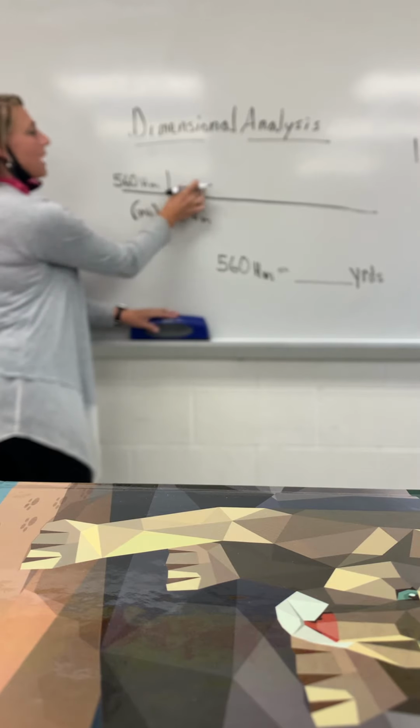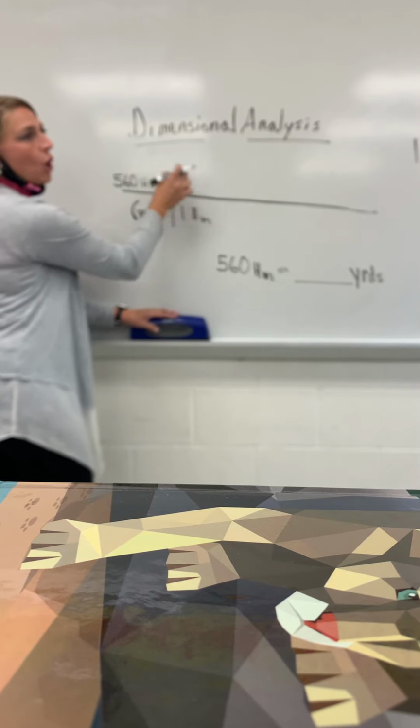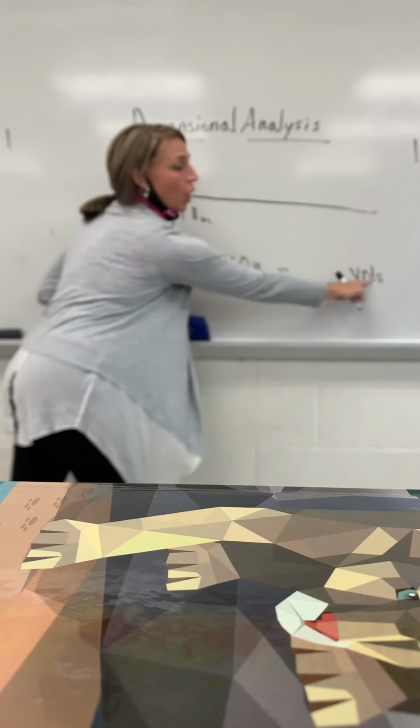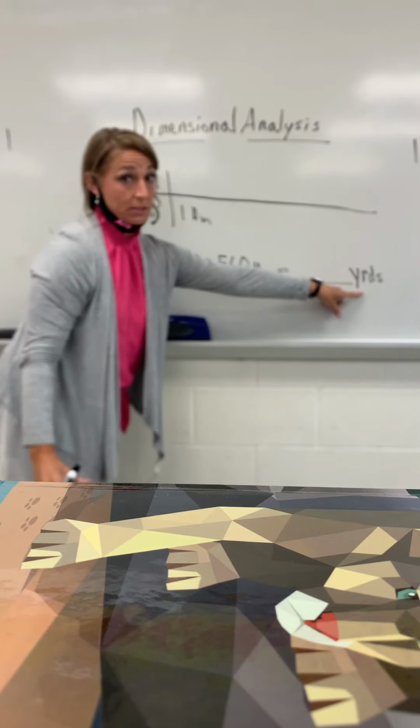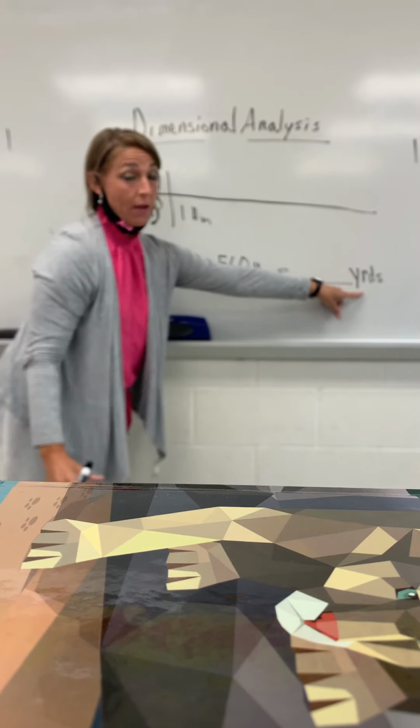I know that I'm going across systems here. I need to get to yards, which is US customary, and the only way to jump from system to system is that 2.54 centimeters equals 1 inch conversion. So I'm going to get these hectometers into centimeters first, based upon my King Henry Died By Drinking Chocolate Milk.